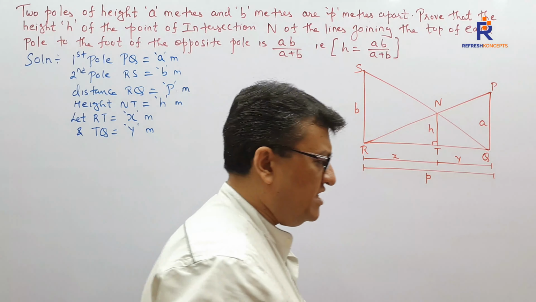We can say all these under one roof. From the given, RQ is nothing but p. So can I say p is equal to x plus y? This is my equation number 2. Any problem?